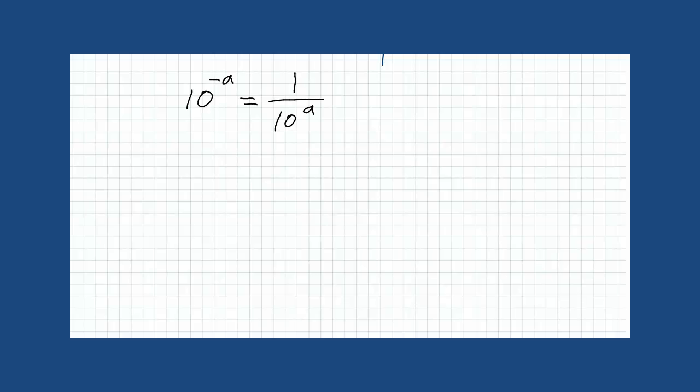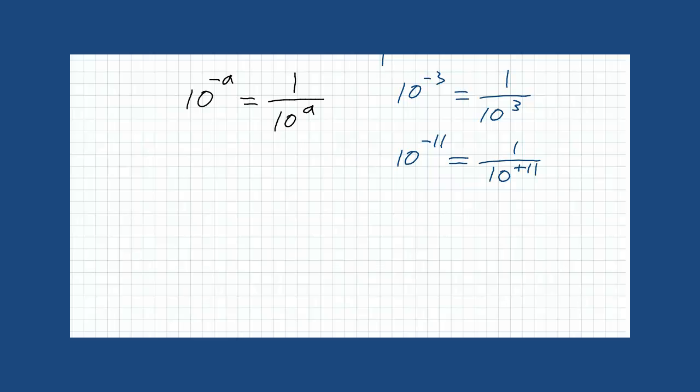Example on that, 10 to power negative 3 can be written as 1 over 10 to power positive 3, or 10 to power negative 11 can be written 1 over 10 to power positive 11.